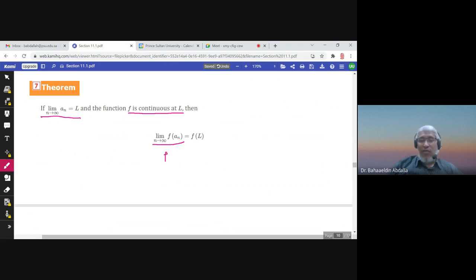You write f of, and you find the limit of an when n goes to infinity. And if you find that the limit of an when n goes to infinity is L, then the limit of f of an would be f of L.